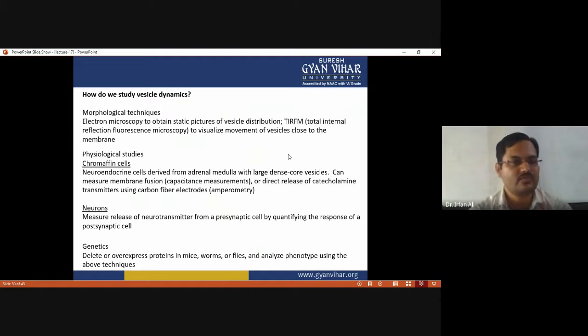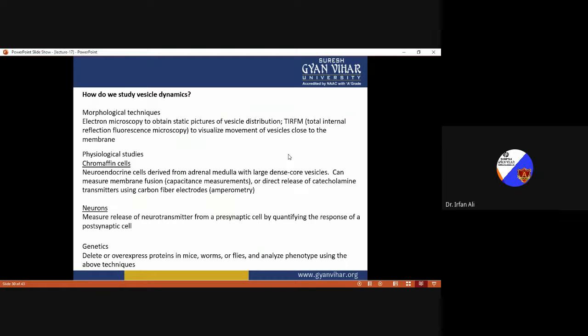The physiological studies include chromaffin cells, which are endocrine cells derived from the adrenal medulla with large dense core vesicles, and can measure membrane fusion, or the direct release of catecholamine and transmitters using a carbon fiber electrode.